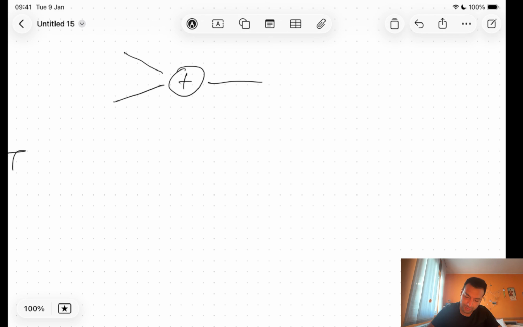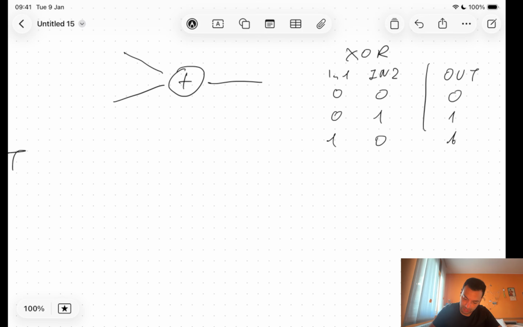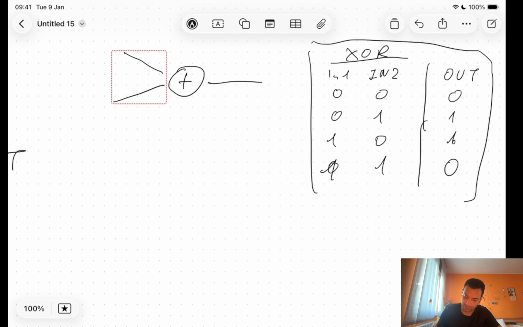The truth table of the XOR has input 1, input 2, and output. It works like this: 0, 0 gives you 0; 0, 1 gives you 1; 1, 0 gives you 1; 1, 1 gives you 0. This is the XOR table.